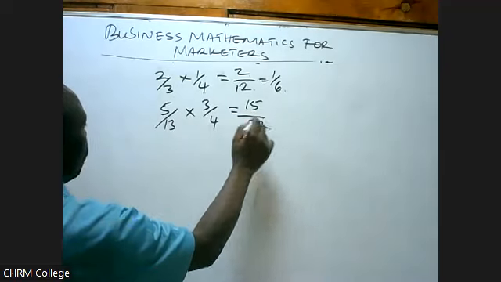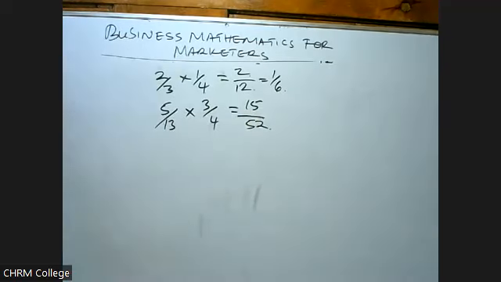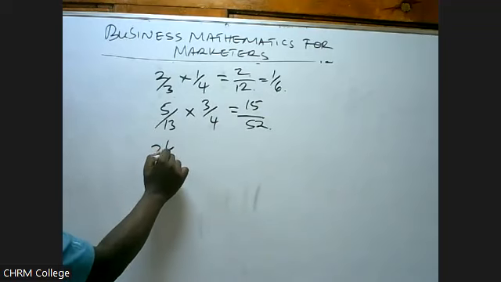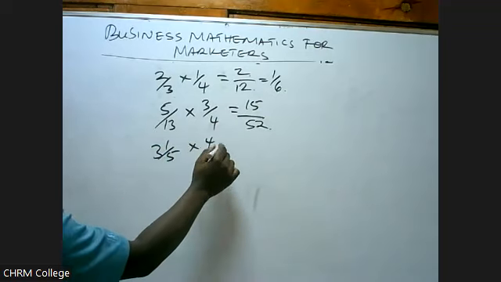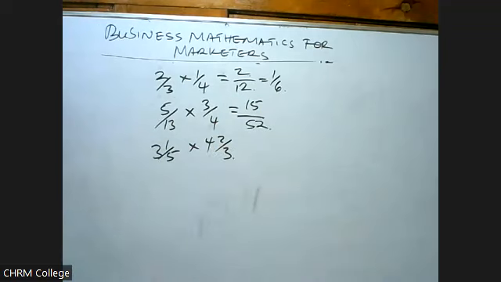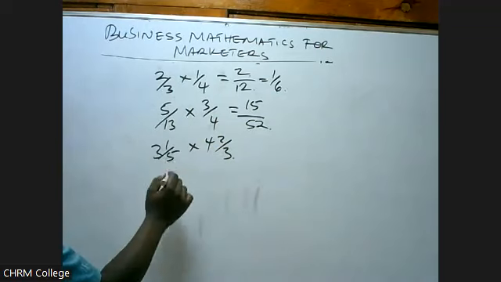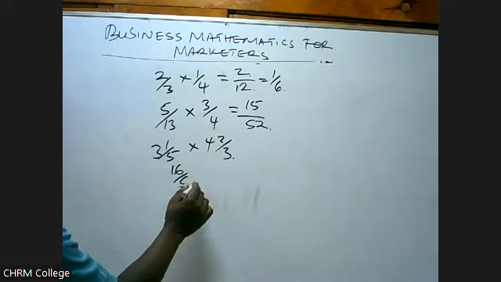Like that. But when you have 3 and 1 over 5 times 4 and 2 over 3, first of all, you change them into improper fractions before you multiply. You take 3 times 5, 15. 15 plus 1, 16 over 5.